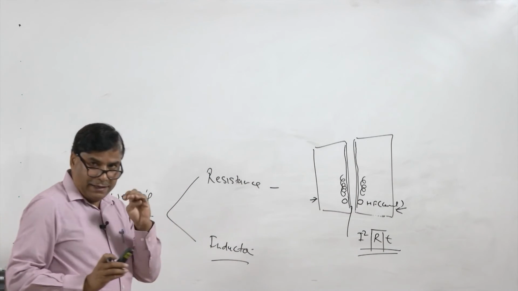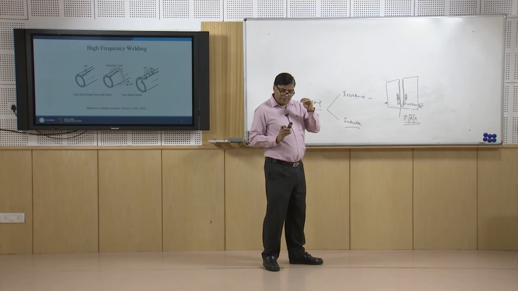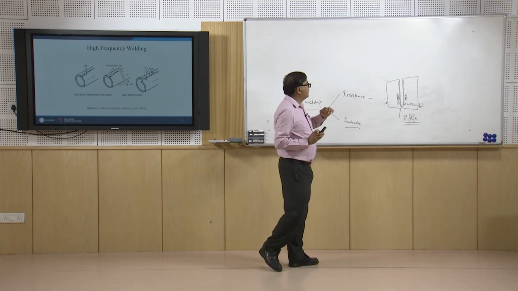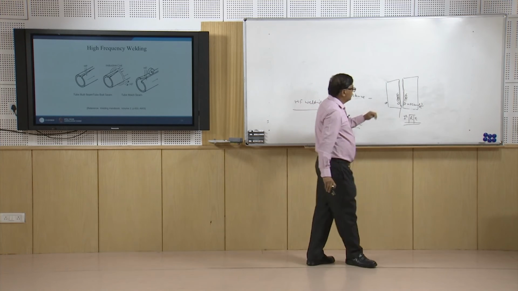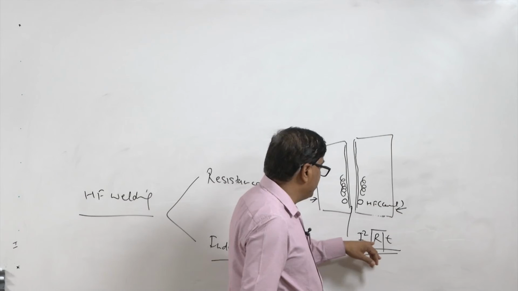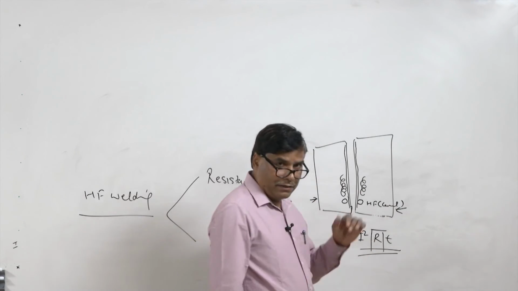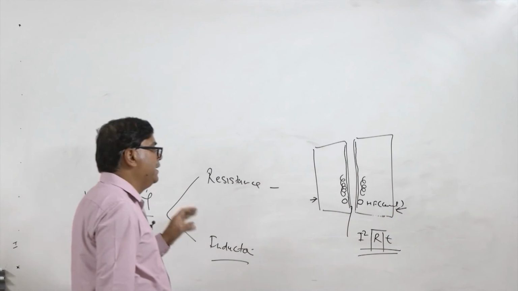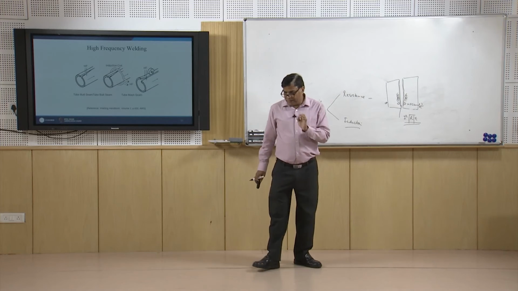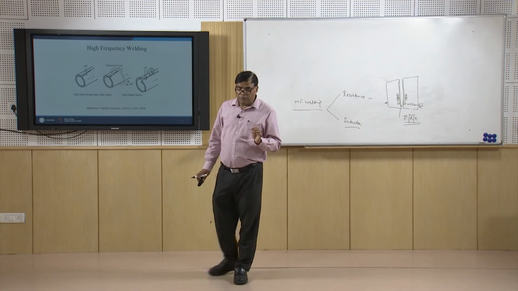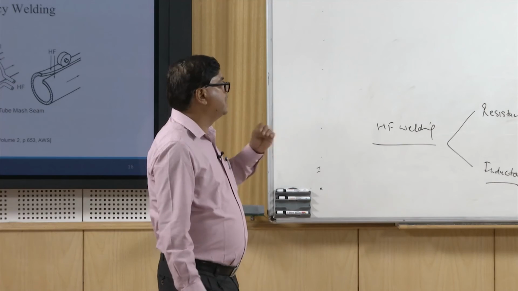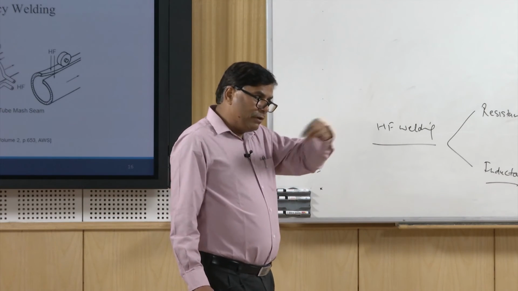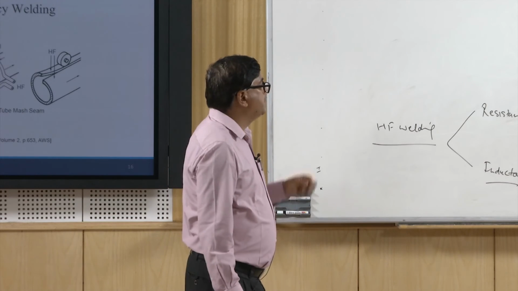So, again by the induction current, the current is induced very near the surface layers, very localized over a smaller area, and that generates the heat by I square RT heating. So, in both the cases the I square RT heating is involved for generating the heat, but the volume of the material that experiences the flow of current is very limited.